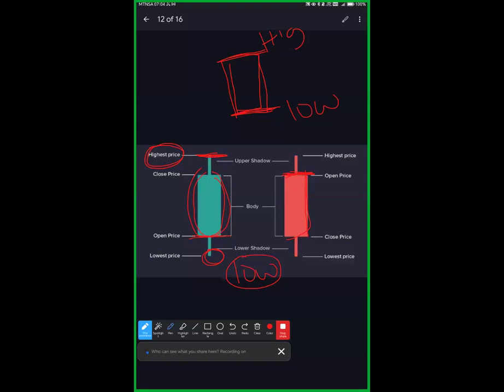What's wrong with me now? Yes. When it comes to a green candle, in a scenario whereby the candle does not have shadows, where the price opened becomes the low. Okay? Where the price closed becomes the high.